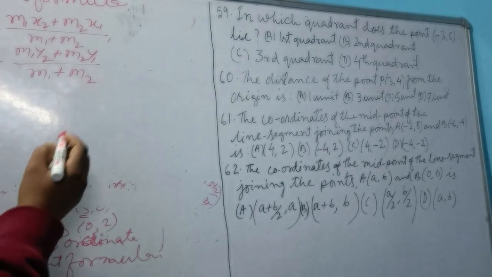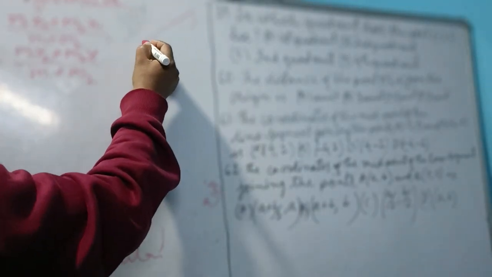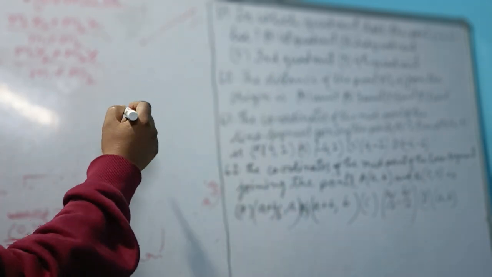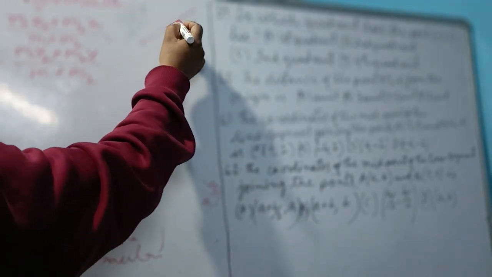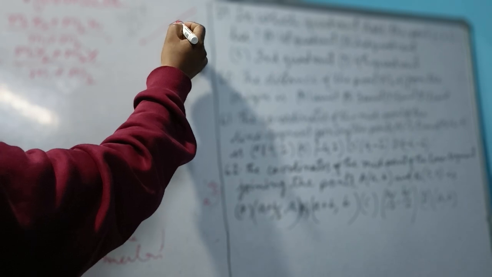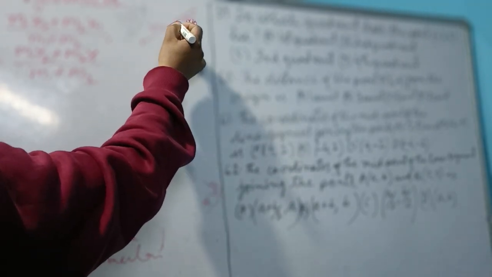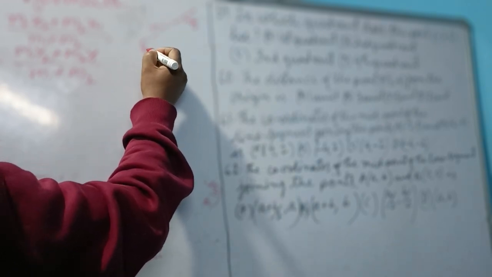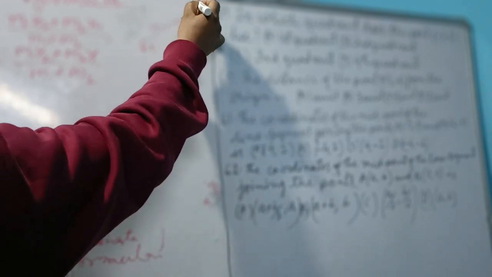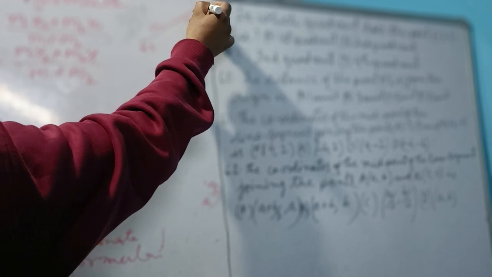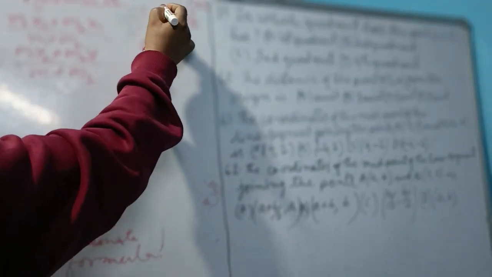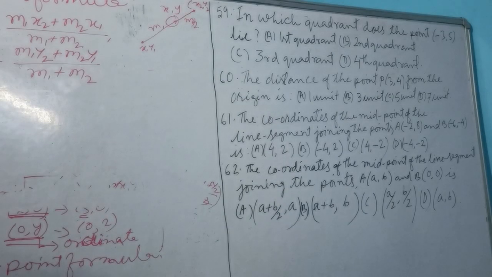So that means suppose this is one line segment in a plane, I'm not writing the coordinates. By any point it is dividing in the ratio, say m1 is to m2, clear. So this is your (x1, y1) and this is your (x2, y2), clear. Then by using this formula, the coordinates of this point (x, y) we can find out, clear.